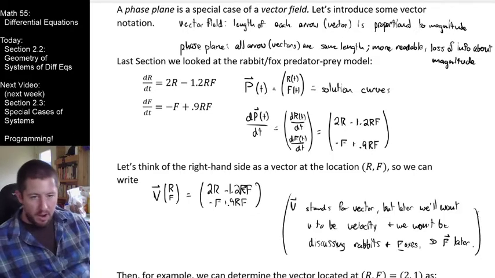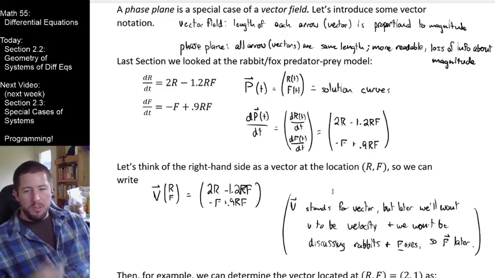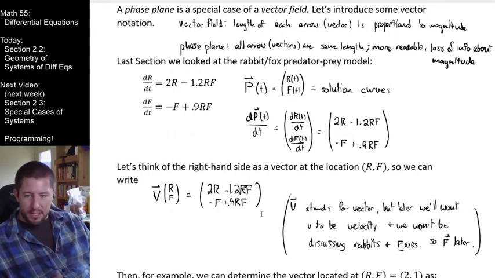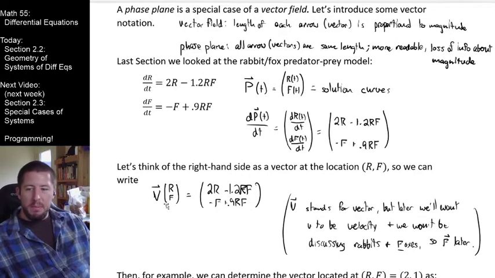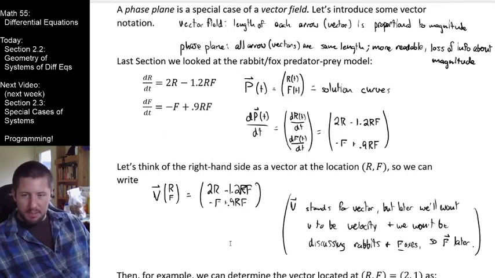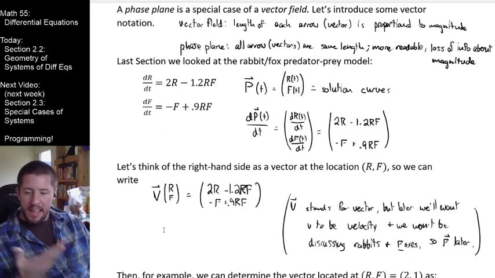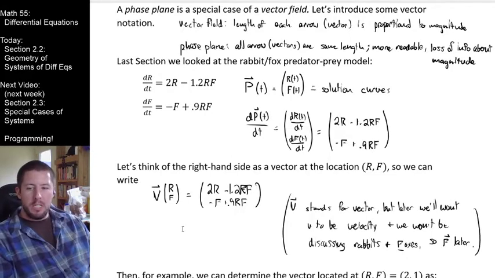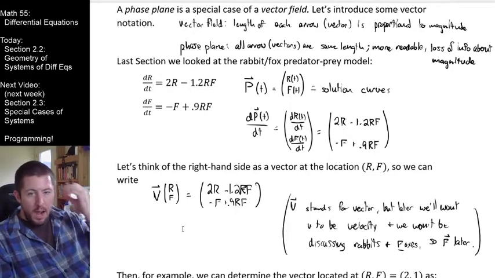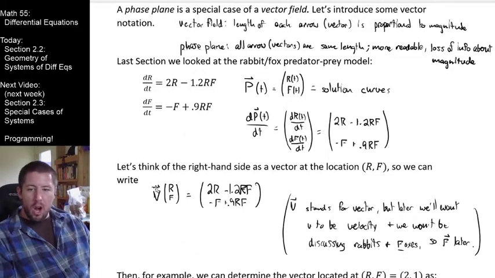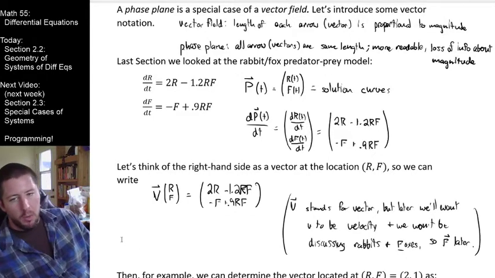I'm sort of picking an arbitrary variable right now, but I'm just telling you, I'm using v right now to just stand for vector. But later we're going to want v to be velocity. Later we won't be talking about rabbits and foxes, and so f will become available for us, and we'll typically be doing this. And I kind of verbalize it as an f of x type of thing right here. So don't worry too much about what letter I'm choosing, but understand very importantly that the arrow notation is indicating that I am expressing a vector. Not a function, not a variable, but a vector with that arrow hat right there. That's kind of our important thing.